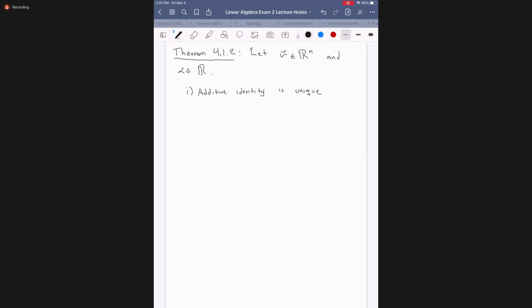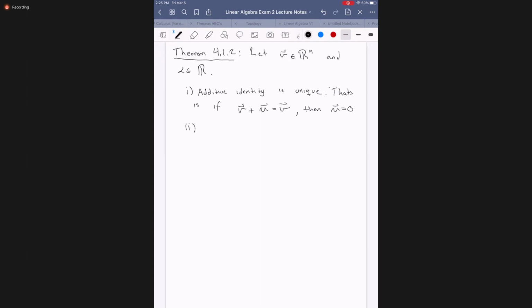In other words, if we take another additive identity, say V, and say U is equal to V, right? Then U has to be 0, right? So that's the only one in there that has this property, is what it's saying.